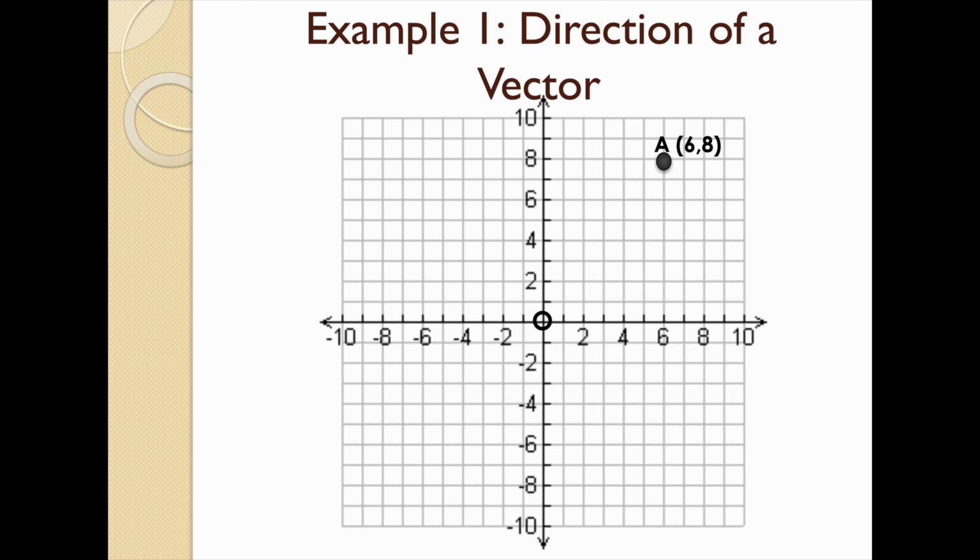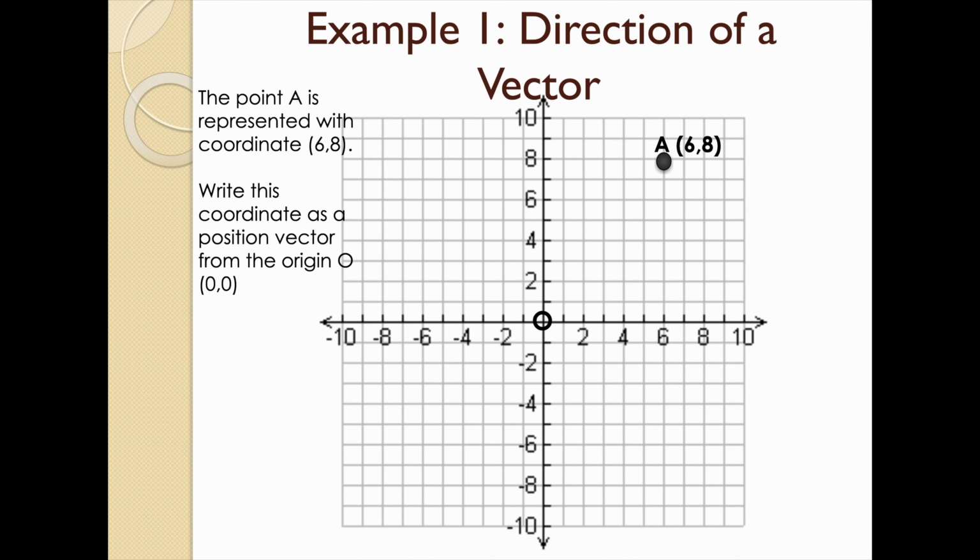Let's look at this here, direction of a vector. We have here the point A represented with the coordinates 6, 8. If I was to write this coordinate as a position vector from the origin, I would have to go 6 steps across and then 8 steps up. As a vector, O to A, remember we're going from O to A, look at my direction. I would have to go 1, 2, 3, 4, 5, 6.